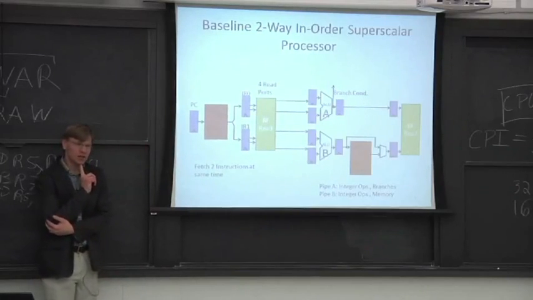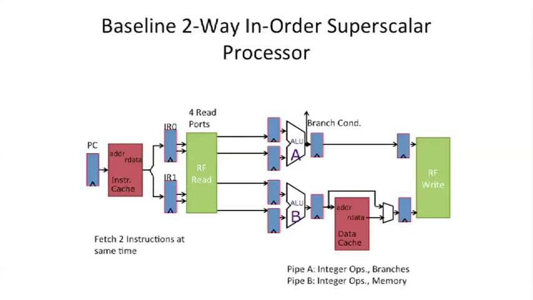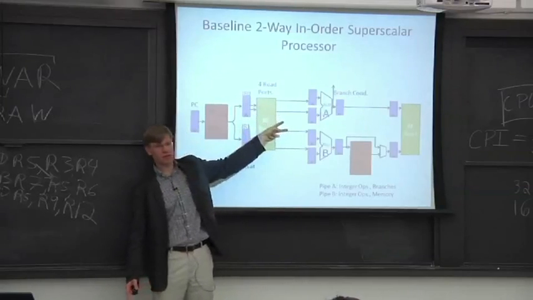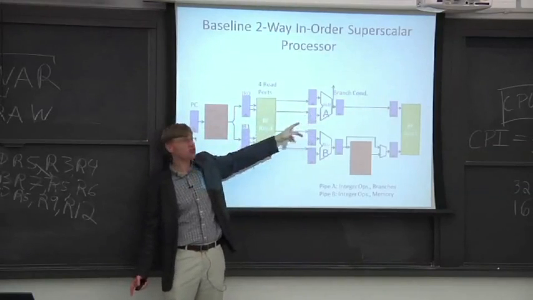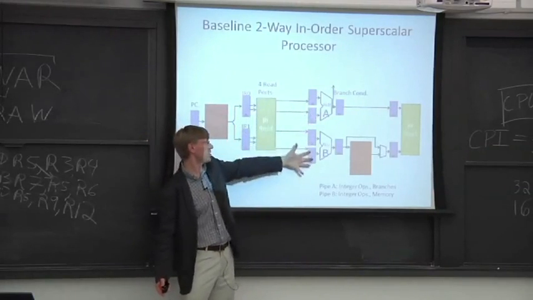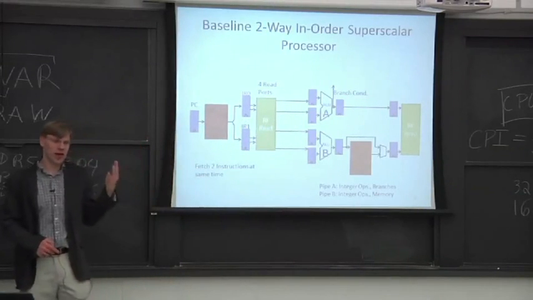We also need to add more ports to our register file. In our basic pipeline that we talked about earlier, we had only 2 read ports. You gave 2 different addresses, and it outputted 2 registers. Now, because we have 2 different instructions going at the same time, we have to pull out 4 different read registers at the same time.